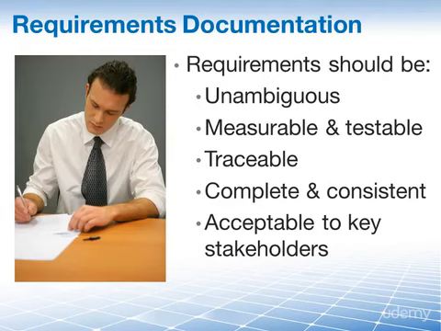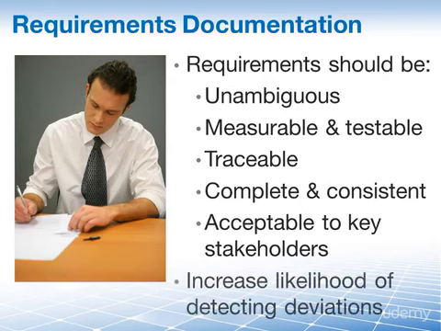So we're going to make sure that the documentation in this requirements documentation comes up to these 5 quality standards. And of course, finally, well-documented requirements make it much easier for us to detect variances or deviations, which must be controlled if our scope baseline is to be maintained.